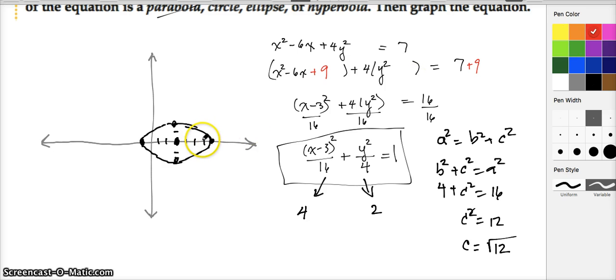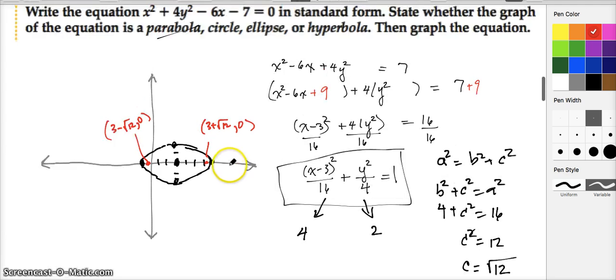If I definitely wanted to, and they didn't ask, so in the future I probably won't do this, but I just want us to have a decent reminder, our foci would be here. Somewhere at, and I start with the center, so at 3 plus the square root of 12, comma 0, and this value would be at 3 minus the square root of 12, comma 0. All right, so I can find all of these values in that way.